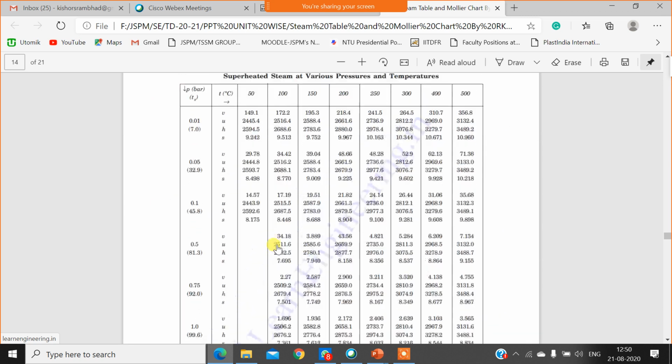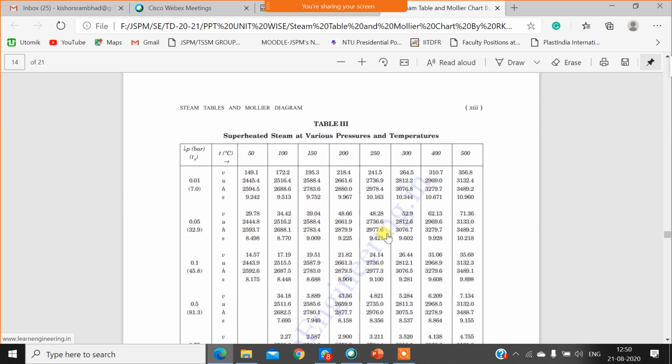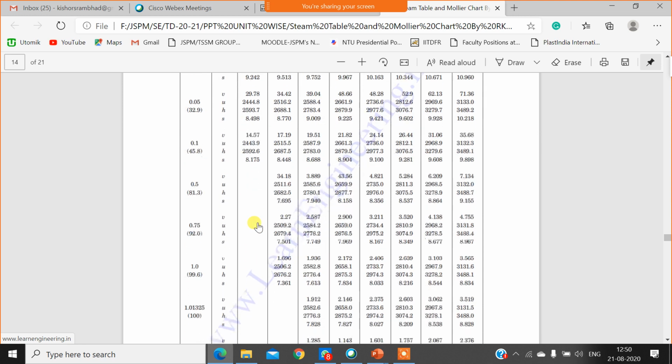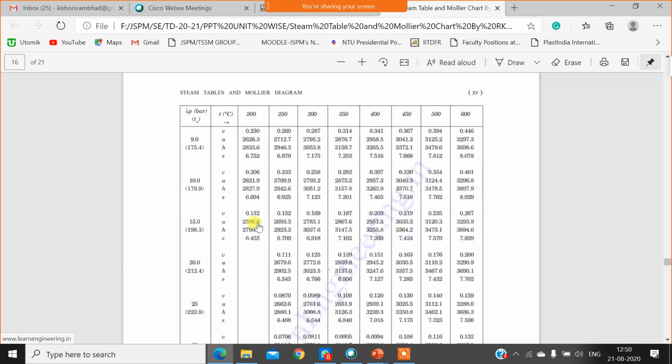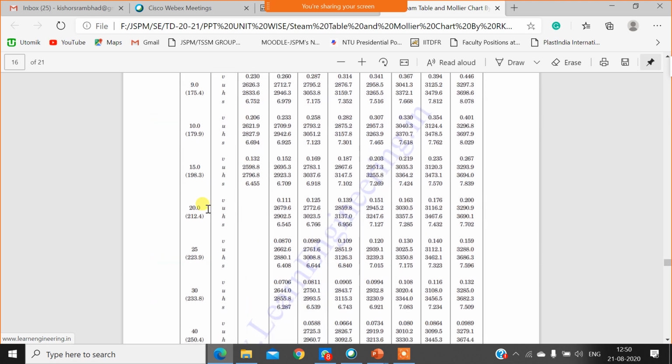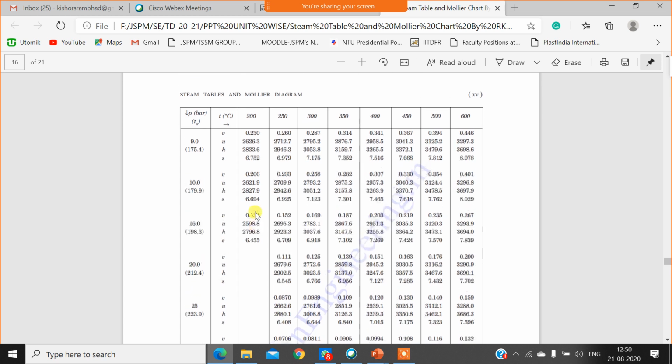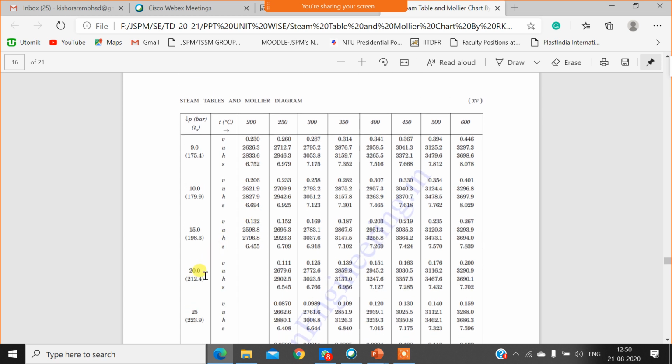Now from the superheated steam table we can directly take the value at 20 bar. At 20 bar, the enthalpy at 300 degrees Celsius is 3137.0 and at 400 it is 3247.6.